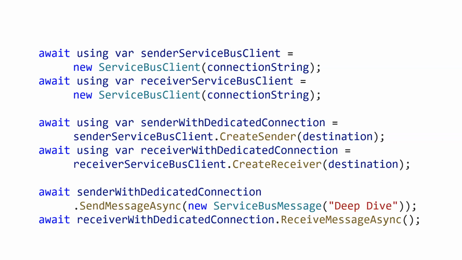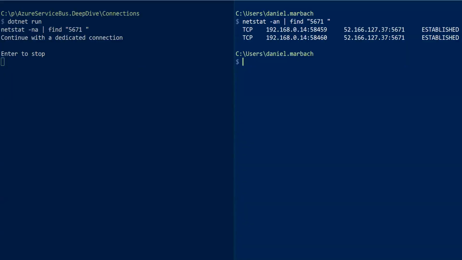Here I'm demonstrating that the sender uses a different TCP and AMQP connection versus the receiver. Then your code will look like this once it's executed.